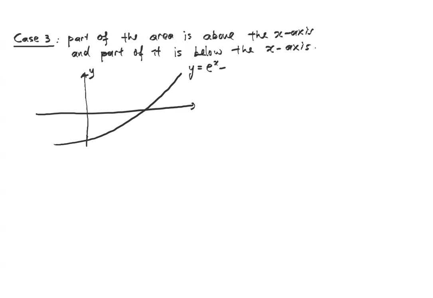Usually this one, they will give you the area. Understand? E to the power x minus 5. Okay, we ask you to find the total area. We will use the words total area of the shaded region.